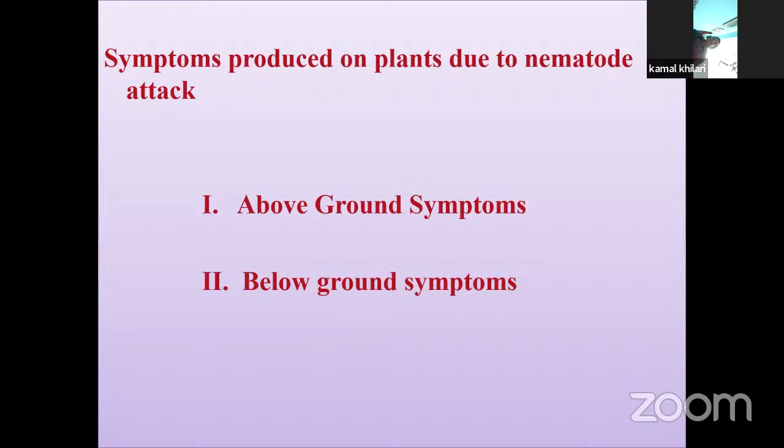But when they are causing damage to the root system, the main symptoms appear on the foliar part or above ground part. So the symptoms may be classified in two categories. One is above ground symptom and another is below ground symptom. Different kinds of above ground symptoms appear and different kinds of below ground symptoms appear. So we'll discuss one by one.